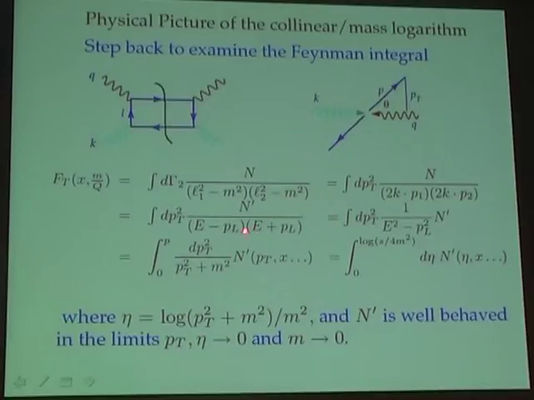Then these propagators can be shown to be just the energy, these factors here. See here again, the light cone coordinates come in. This is basically the plus component and the minus component of the same. And when you have E squared minus longitudinal momentum squared, that's of course just the transverse momentum squared plus the mass squared. So this is the integration that's left.